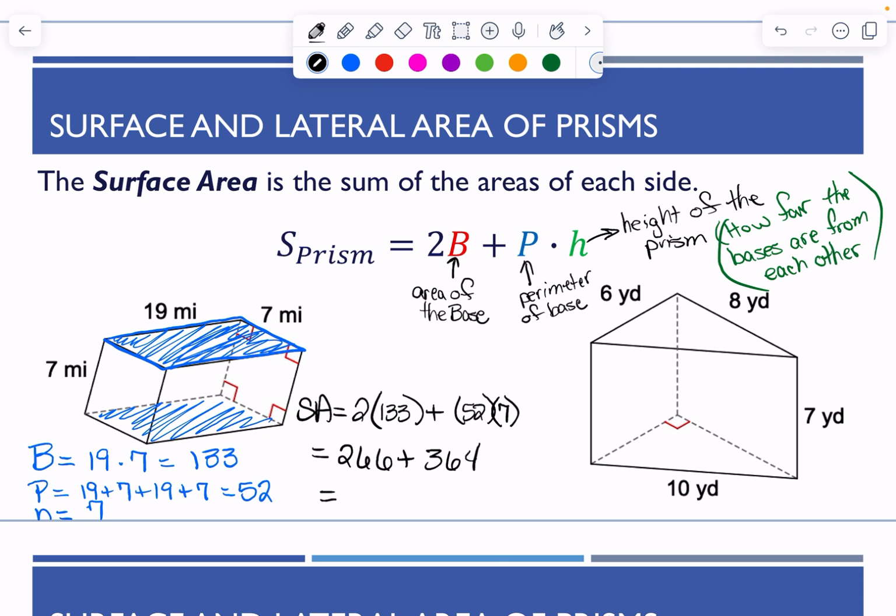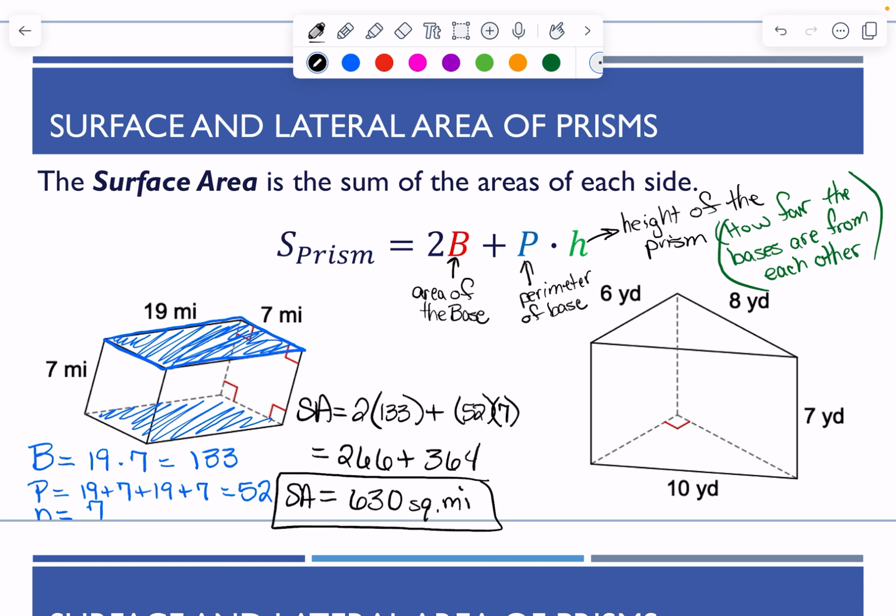If we add that together, 364 plus 266, we come up with a surface area of 630 square miles. Okay, so that's how we go about that process.